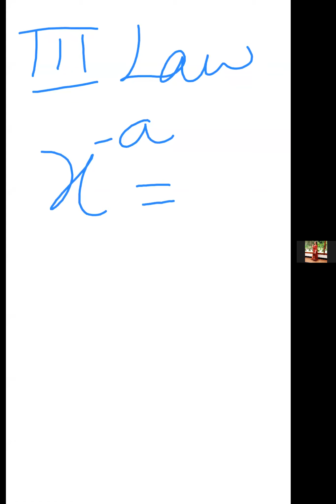This is in the numerator, and we have denominator is 1, so you have to reciprocal it, 1 upon x raised to power a. Okay, whenever your exponent, your power is negative, you have to reciprocal the number. Okay, understood?